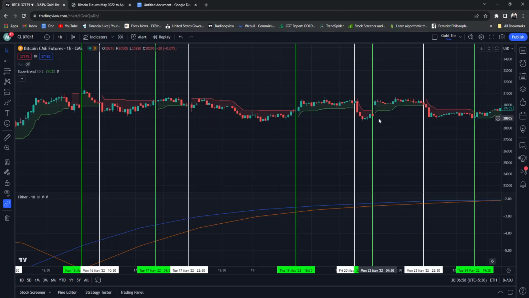Now the next trade is losing us money because the price has flattened. You can see we are in a $1,000 margin. The super trend is pretty close to the body of the bars, and it's not generating quality signals.